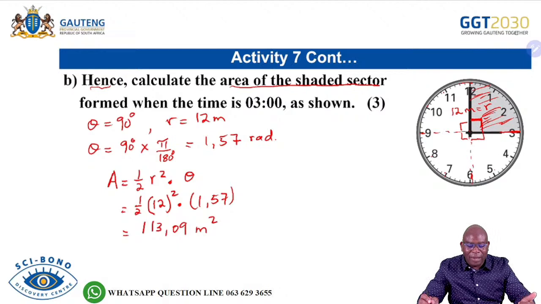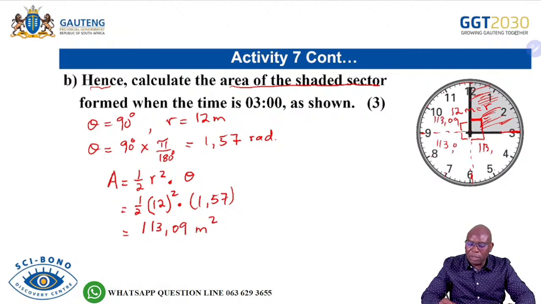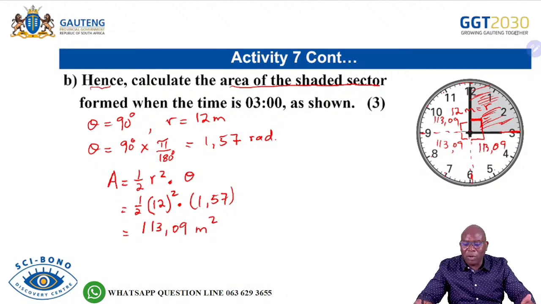So the area of that will be 113.09 square meters. If you want to check if you are correct, it means that if the area of this is 113, this area will be 113, this one will be 113, and that one will be 113.09. Then you can add all those and see if you get the area which was given, which is 452.